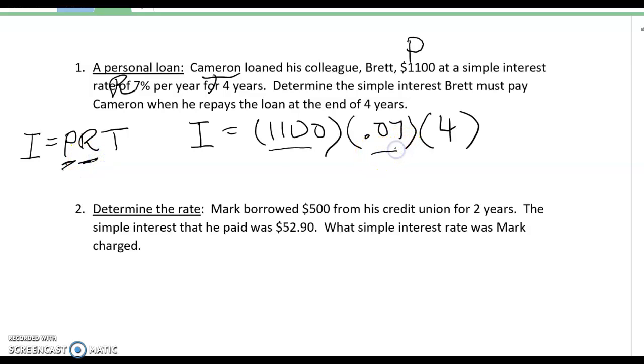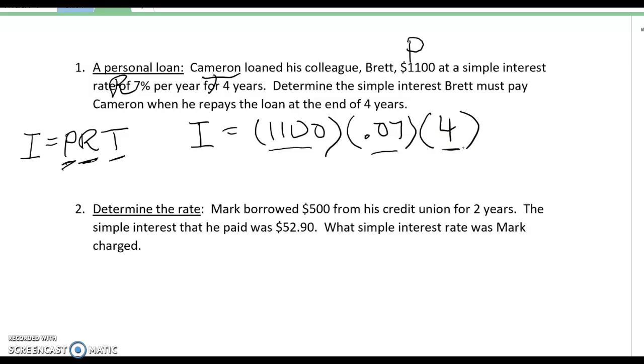Now you notice that I changed the 7% into its decimal equivalent, so again, just make sure we do that properly. 7% as a decimal is 0.07. The way you can calculate that is by taking your calculator and taking 7 divided by 100, and that gets your decimal of 0.07. And our time T in years is 4 years.